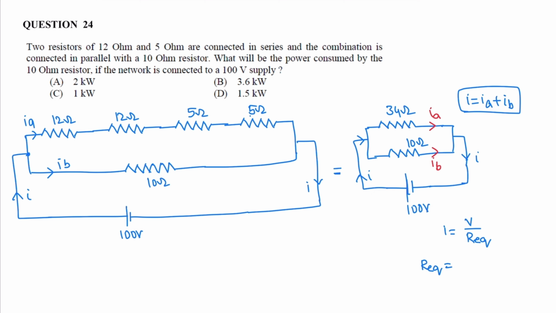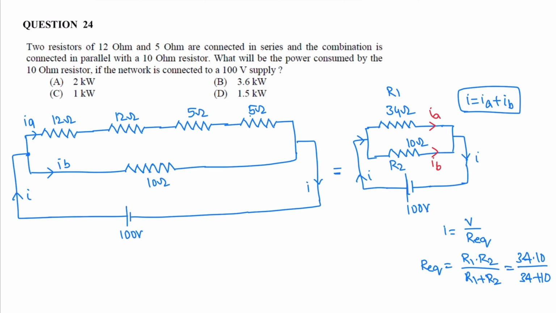Now the total or equivalent resistance is R1 R2 by R1 plus R2. So let this one be R1 and this value be R2. So that is 34 into 10 by 34 plus 10.